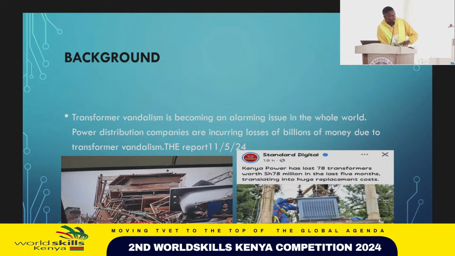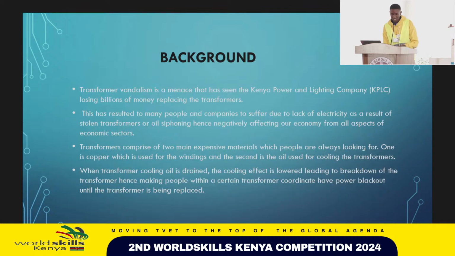And according to the Energy PS, Alex Wachira, on February 11 he said that in 2022-2023 they lost 20 billion Kenya shillings. That is a big challenge that we have been facing.